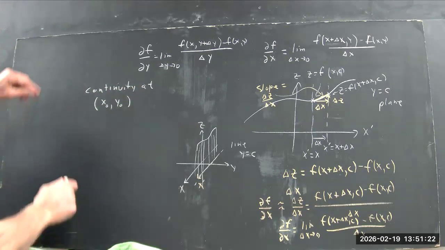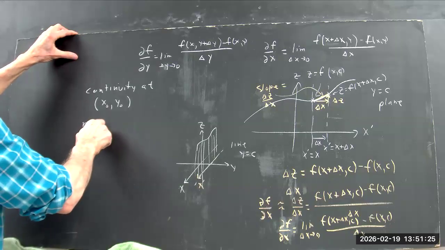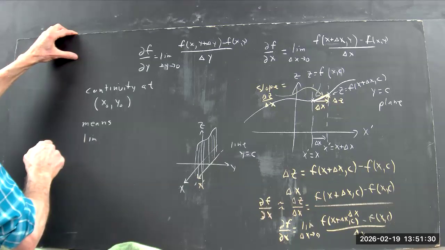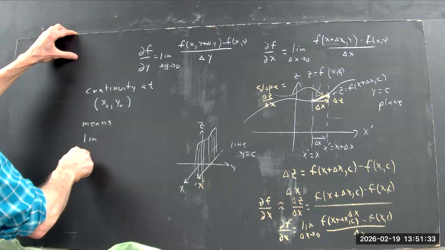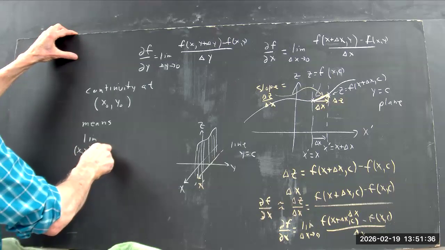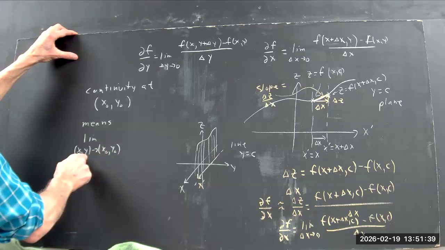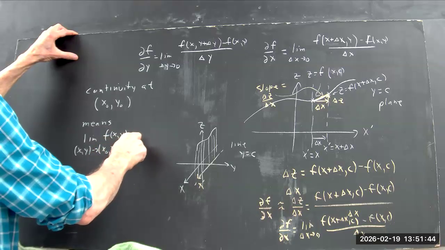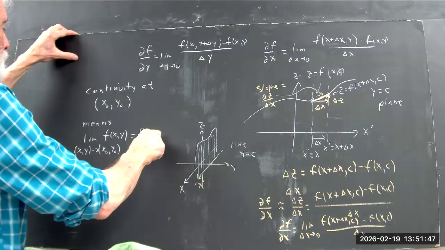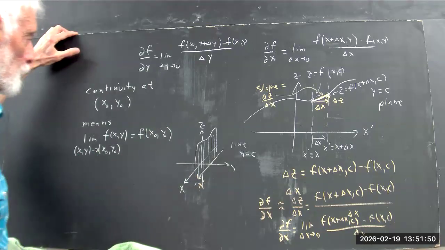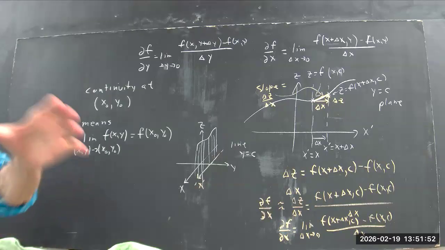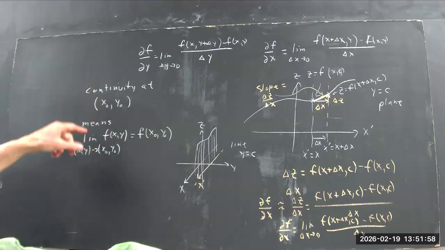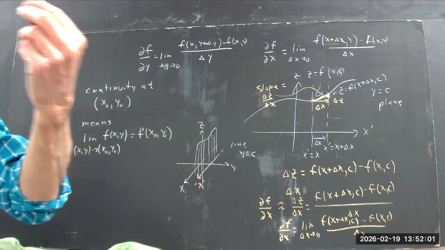Continuity at x naught, y naught means the limit as x, y goes to x naught, y naught of f of x, y equals f of x naught, y naught, which simply means as you shrink a neighborhood around x naught, y naught, the value of the function approaches its value at x naught, y naught.